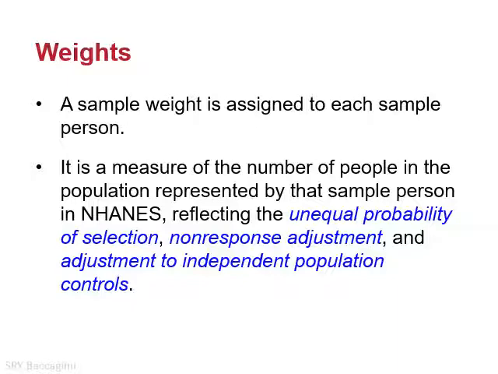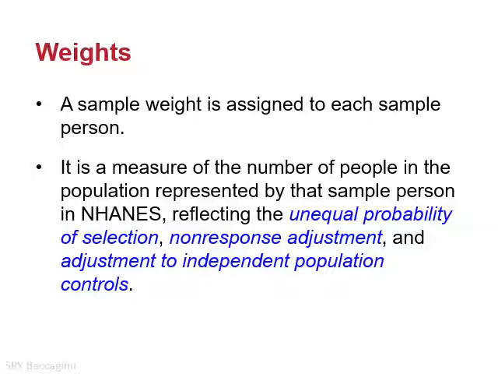So if we have a male, middle-aged, Asian male, then we would say that that person represents so many other people similar to that person. And that would be the weight that that person has. We're not going to collect data from everybody, but we will collect data on individuals that represent other individuals similar to them.